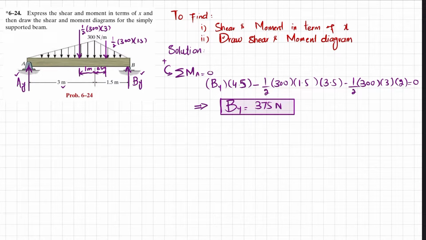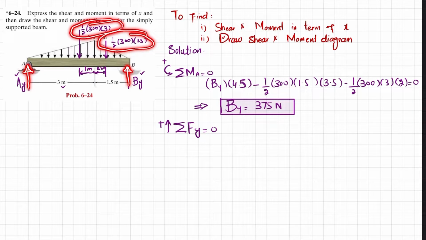Now we will find Ay by using another equilibrium condition. What is that equilibrium condition? The sum of all forces along the y direction must be equal to 0, taking upward force as positive. You can see one force is Ay, the second one is By, the third one is this force, and the fourth one is this one. These two are negative because they are downward, while By and Ay are upward.